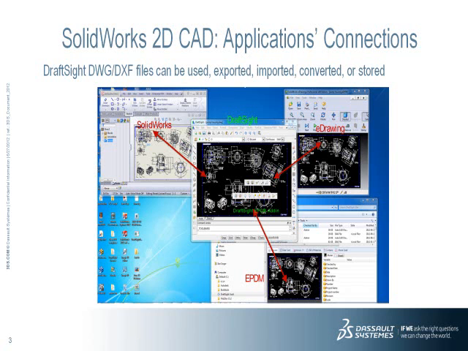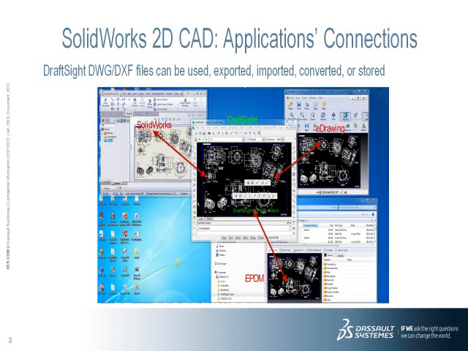On the other side, you can see eDrawings, which can also use DraftSight drawings, the DWG and the DXF, and DraftSight can export to eDrawings in its own format.